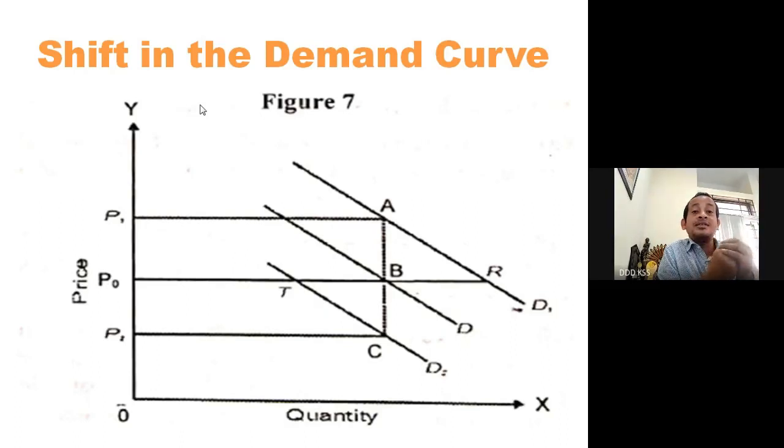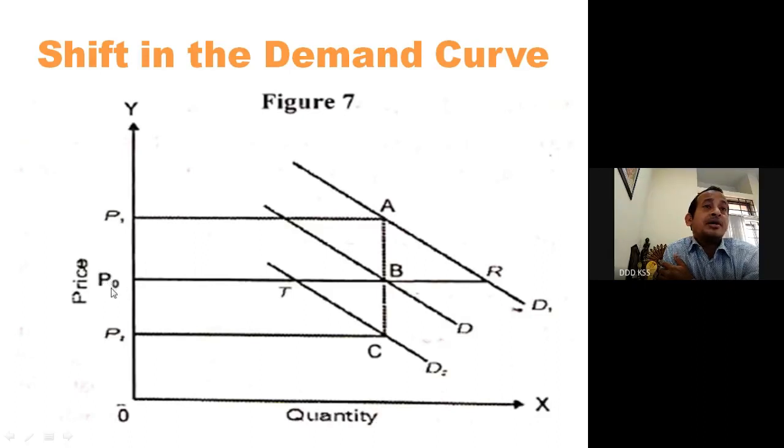Now, we'll understand this. What I said is that shift in the demand curve refers to change in demand due to the factors which we have assumed will remain the same, apart from the price. Now here, D is the original demand curve with price PO, with the y-axis representing price and the x-axis representing quantity.